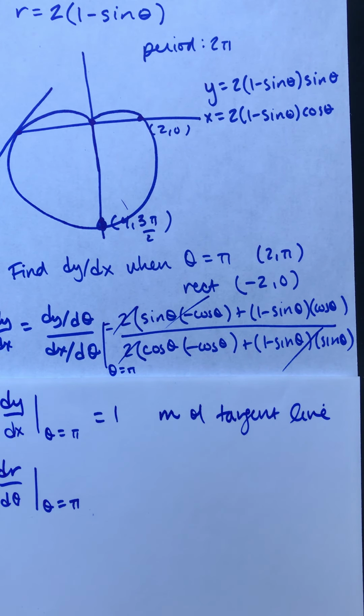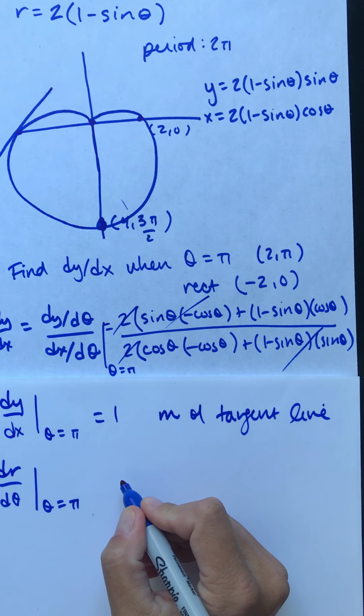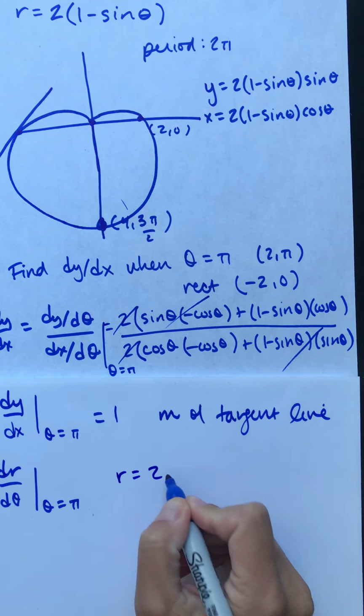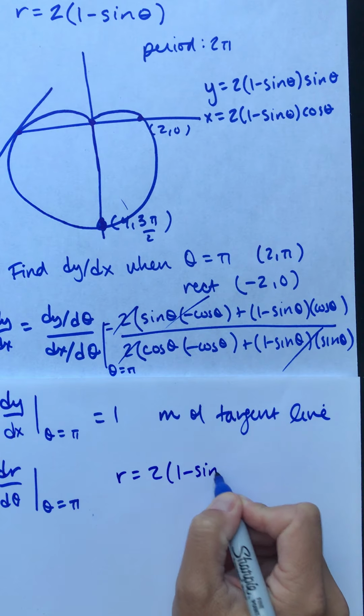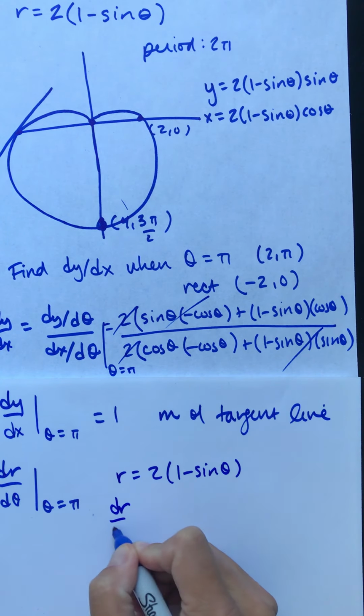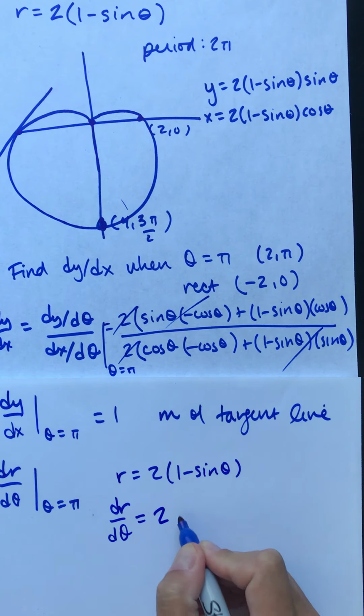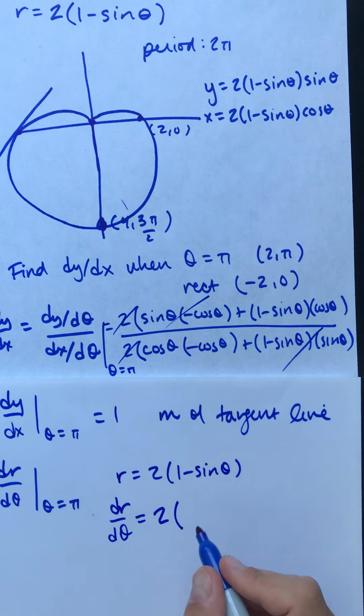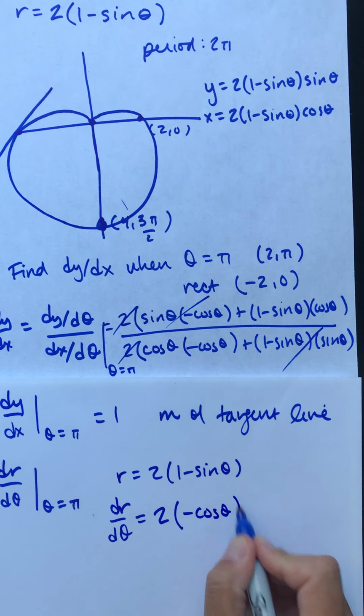So if I wanted to find dr/d theta at theta equals pi, then, well, r as a function of theta, r is 2 times (1 minus sine theta). So dr/d theta is going to be 2 times the derivative of 1 minus sine theta, which is negative cosine theta.